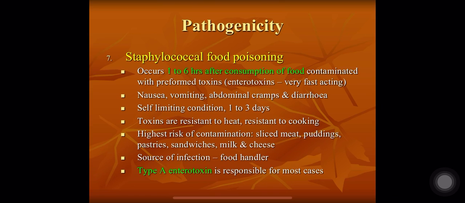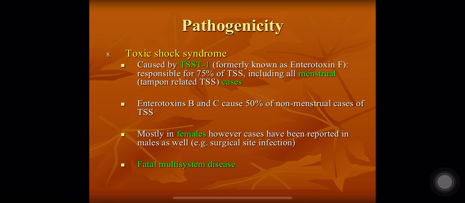This incubation period is important to note, because for different food poisoning causing organisms the incubation periods are different, and the incubation period can give a hint towards the causative organism. So remember that the staphylococcal food poisoning incubation period is about 1 to 6 hours, and type A enterotoxin is most responsible for the cases.